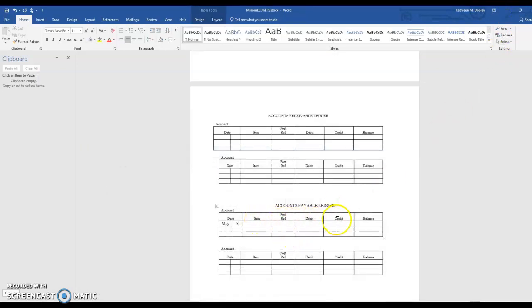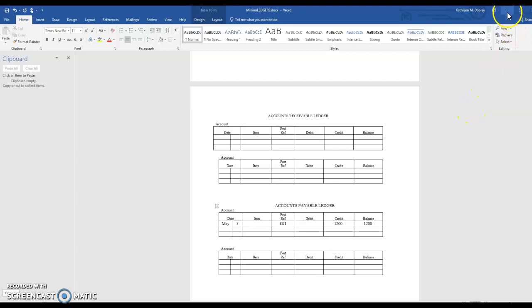We owe out $1,200 to XYZ company. Their new running total balance is $1,200. Okay, where did this information come from? It came from the General Journal, page 1.